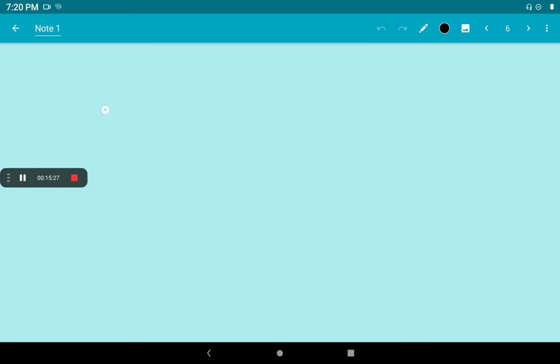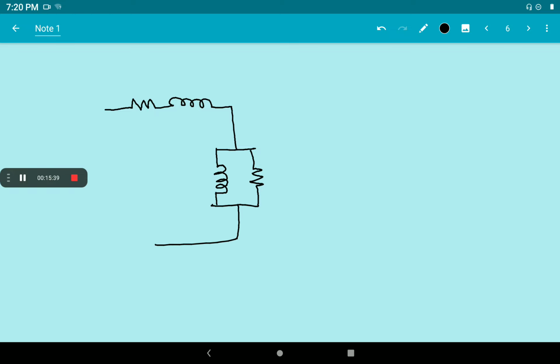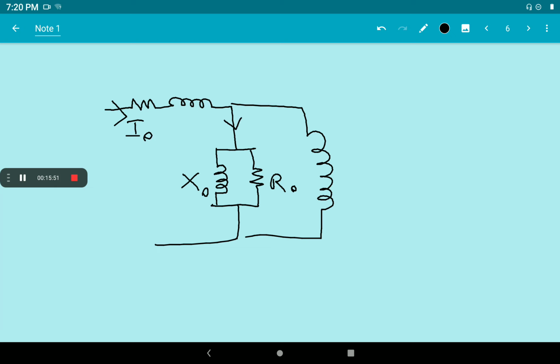On the primary side, you will have a resistor and an inductor. The inductive characteristics can be represented like this, and these are the magnetic characteristics, that is X0 and R0. At no load condition on the primary winding side, the current is I0, and the whole I0 will flow through this winding.